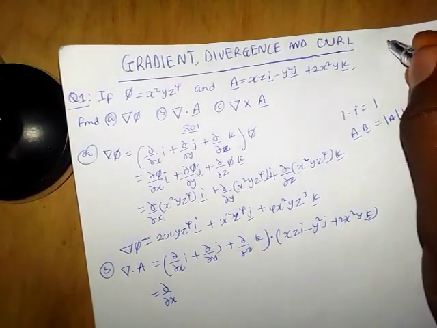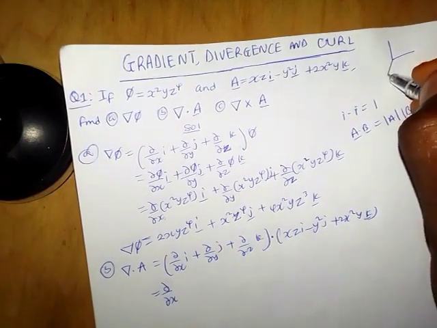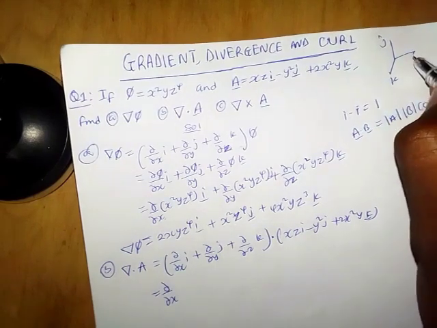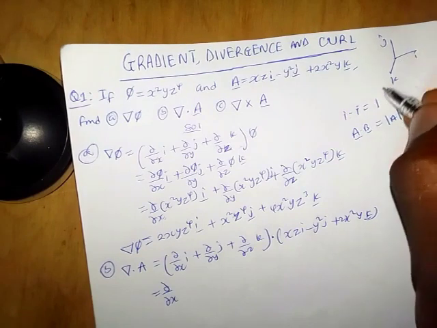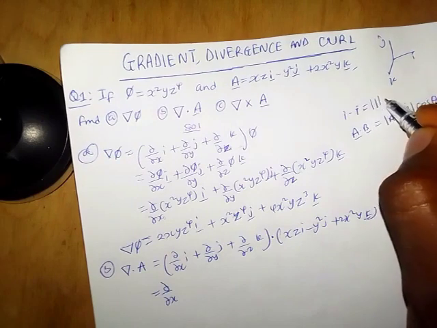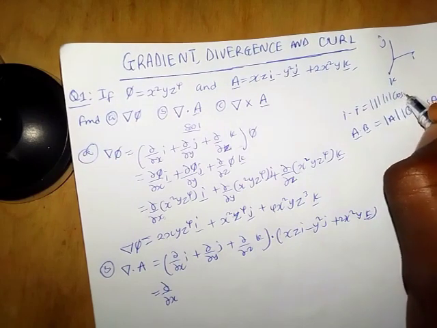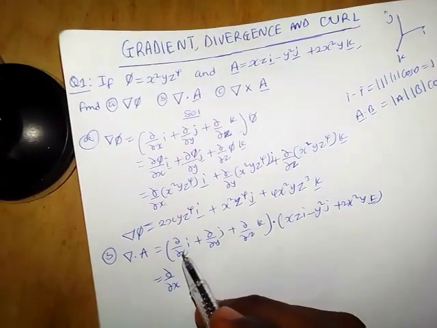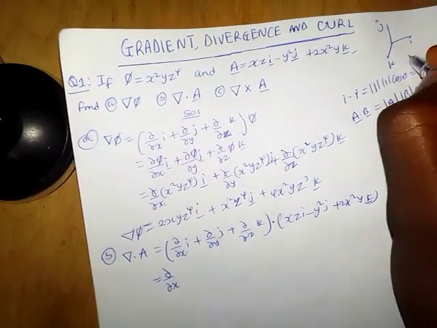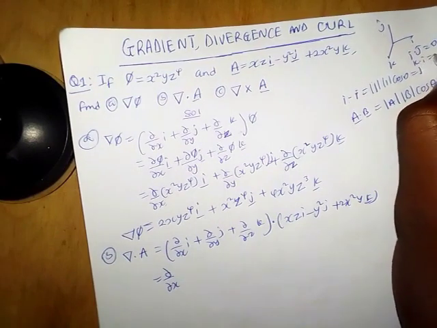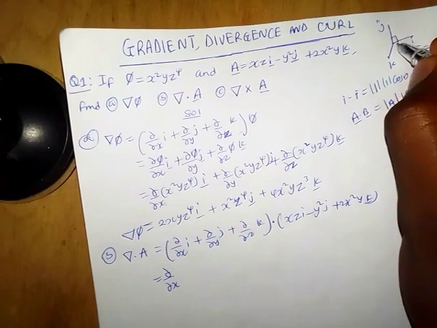We have i, j, and k components. So for i dot i, it is parallel, so the angle between is 0. So we have magnitude of 1, which is the unit vector magnitude, times cos 0, which is simply 1. So doing the same thing here, i dot j is 0. Likewise, k dot i is 0 because they are perpendicular to each other.